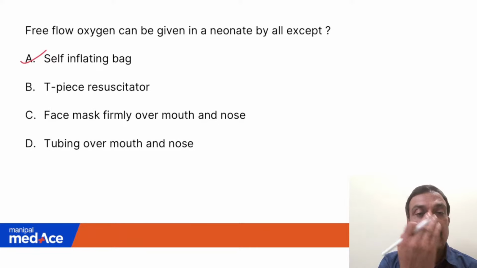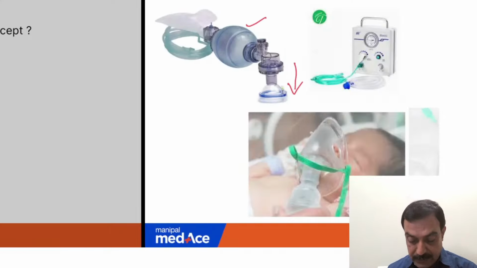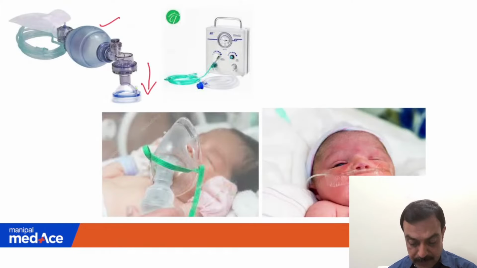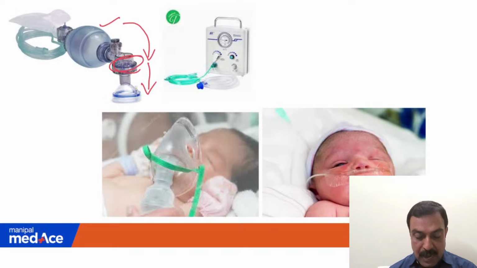Otherwise, there is something called a fish mouth valve in a self-inflating bag, usually present in this portion, which I am circling here, and this prevents the flow of air from one direction. So unless I compress this bag, I cannot give free flow oxygen to the baby.